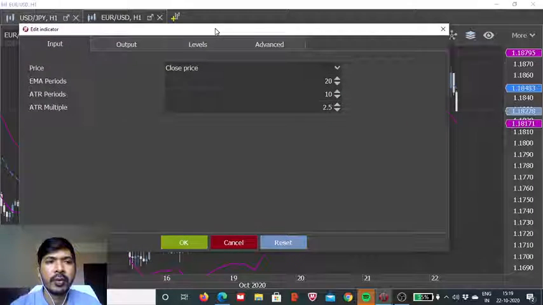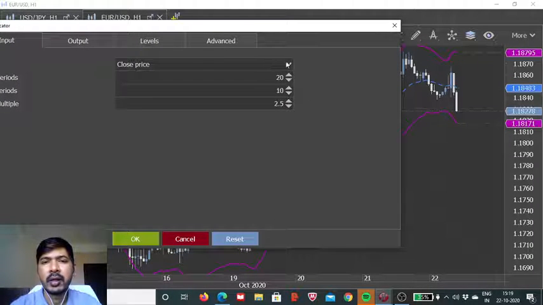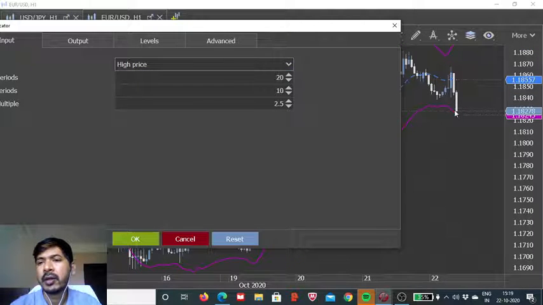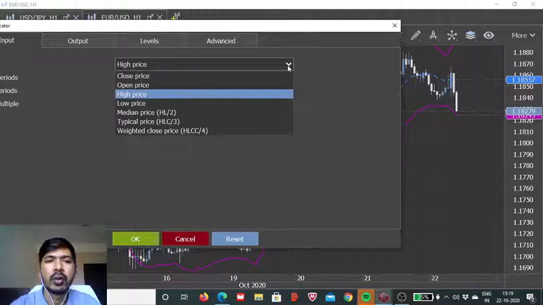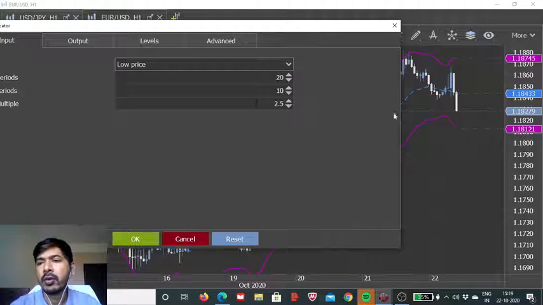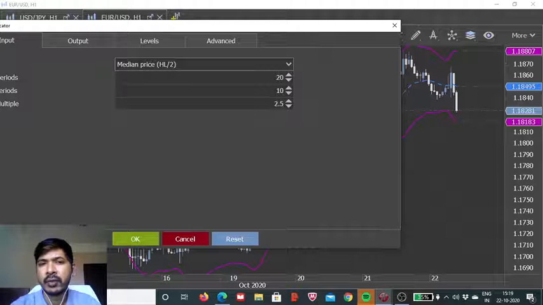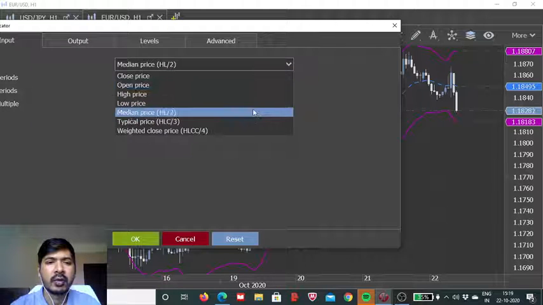Now the applied price, currently it is the closing price. If we use high price, then you will see that this Keltner channel has shifted to the higher side. If you use low price, then the Keltner channel shifts to the lower side. If we use median price, we will see some difference there.